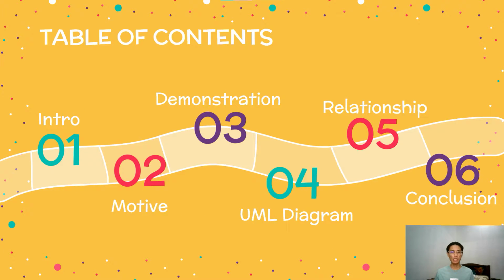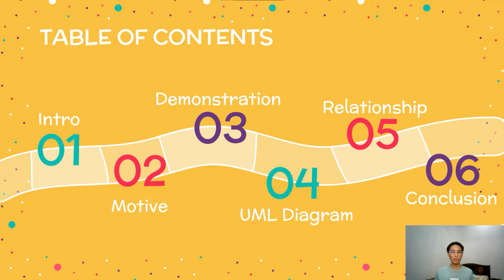Before we begin our presentation, let me walk you through the flow of our presentation today. First, we are going to introduce our project, which is the snake game. Second, we will share our motive on why we built this program. Next, we will have a demonstration on how the program works.